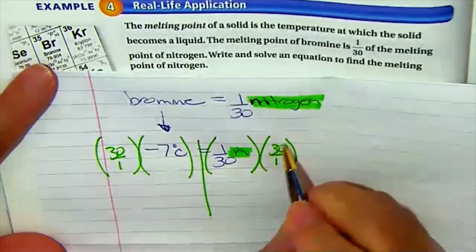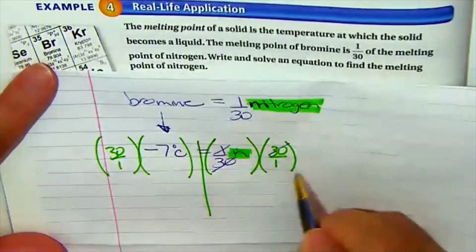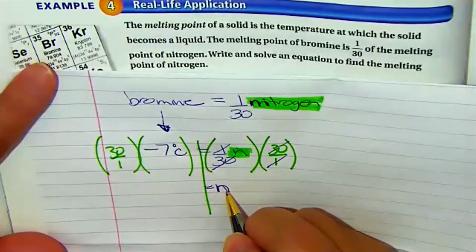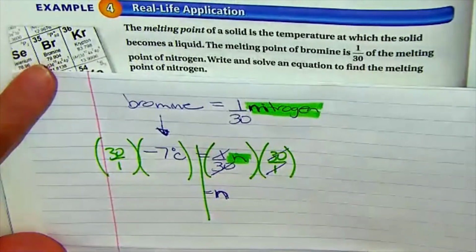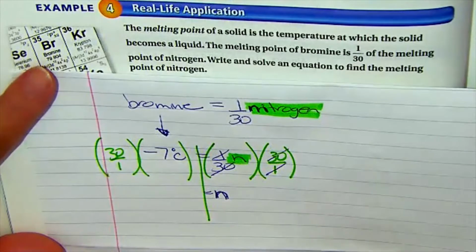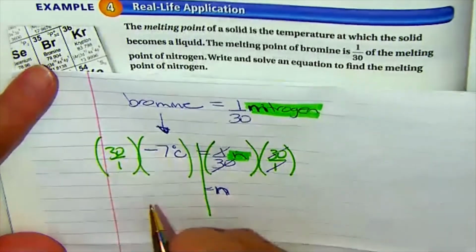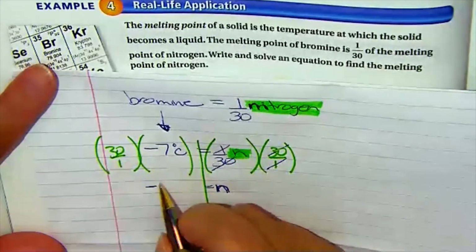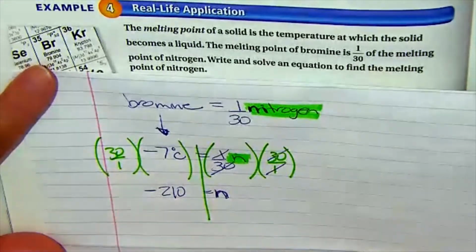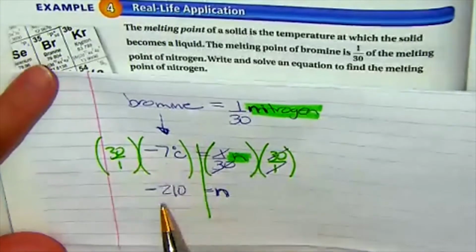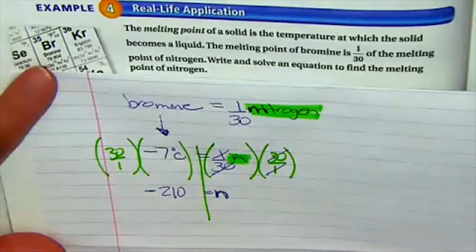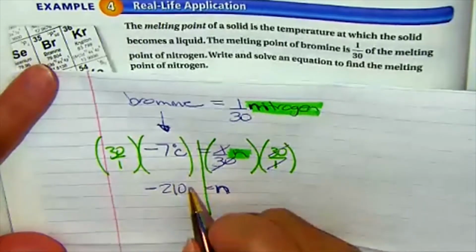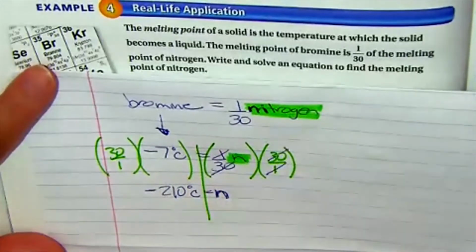Okay, my 30s cancel, my 1s cancel, and nitrogen is isolated. Yay, nitrogen is isolated. I have a positive and a negative, so my answer is going to be negative. 30 times 7 is 210. Now 1 times 1 is 1. I don't need to do that. So -210 degrees Celsius equals N.